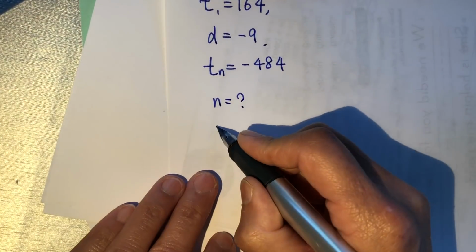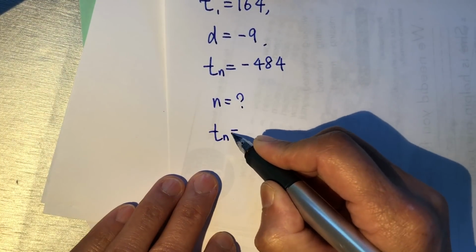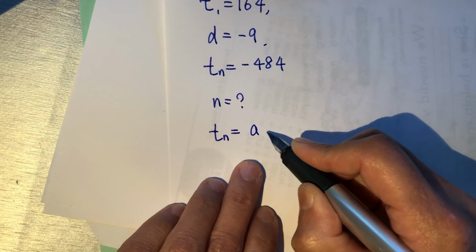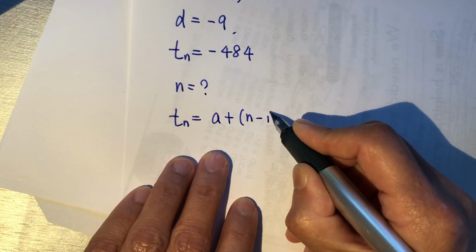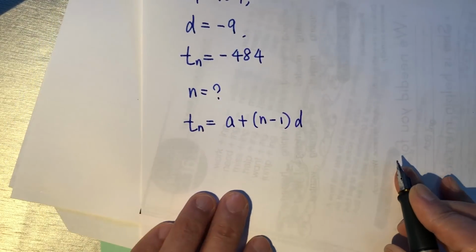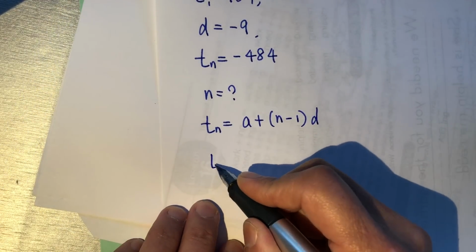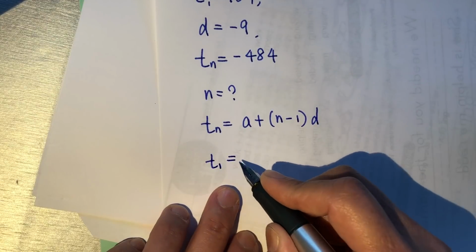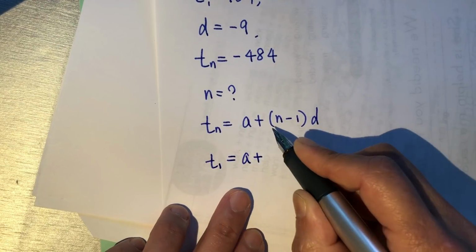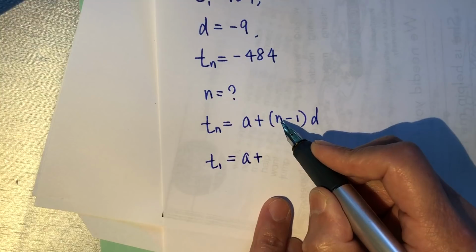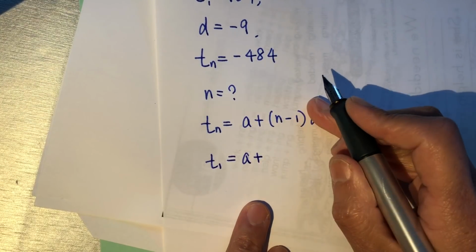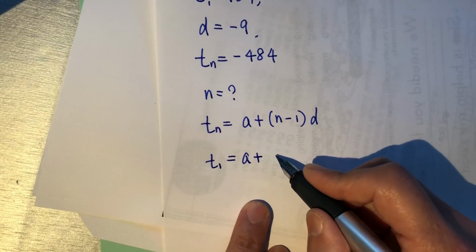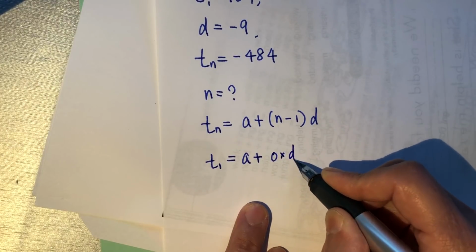We know the formula Tn equal to a plus n minus 1 times d, right? T1 equal to a plus 0, because 1 minus 1 is 0, so we do not need to calculate this 0 times d.